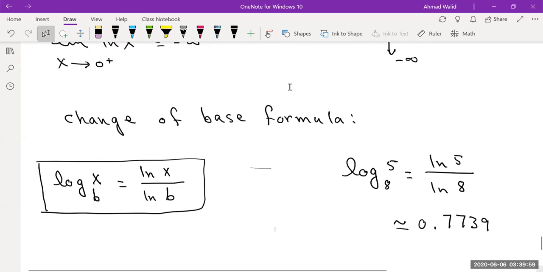I will stop the lecture right now. And you will see my next lecture in your Canvas, 6.4, which is about derivatives of logarithmic functions.